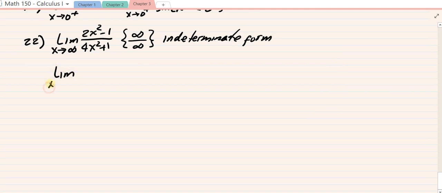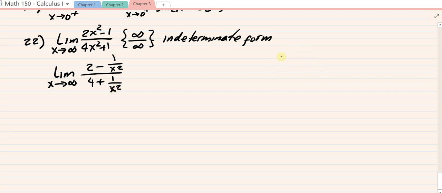the algebraic method. What we need to do is divide the numerator and denominator, everything, by x squared. So it's going to be negative 1 over x squared and 4 plus 1 over x squared. See that? Numerator and denominator. From now on, we're most likely going to be using this limit.